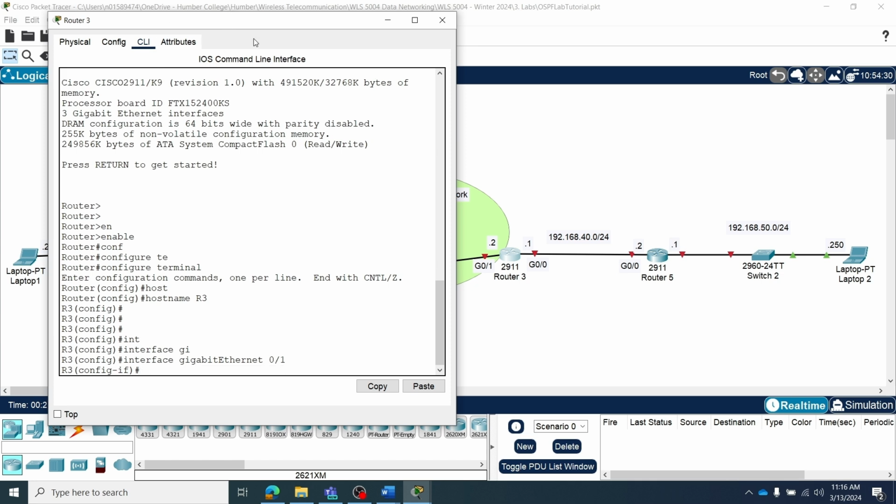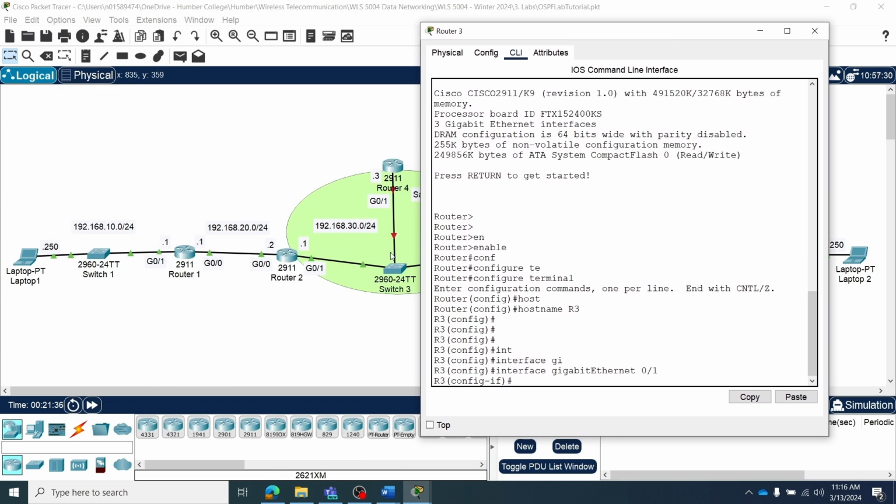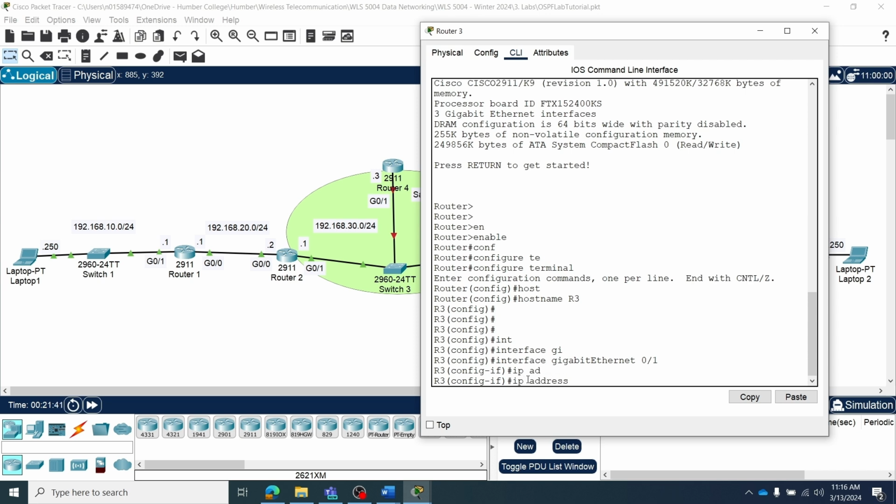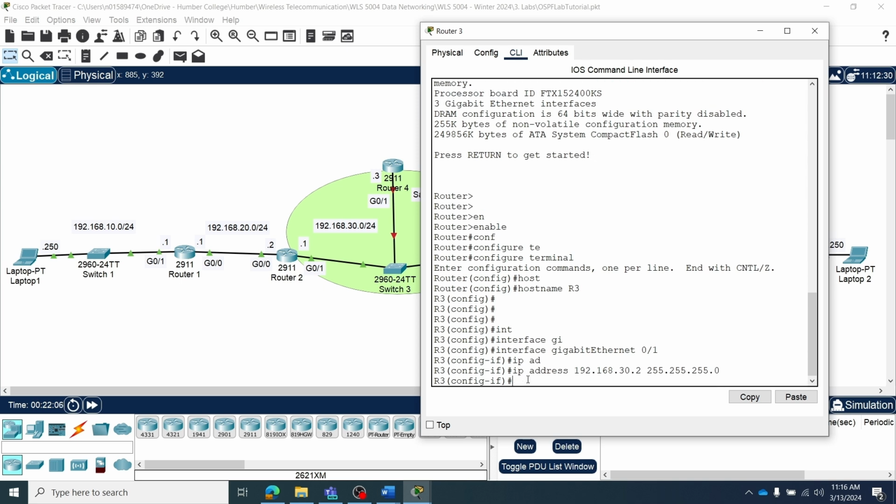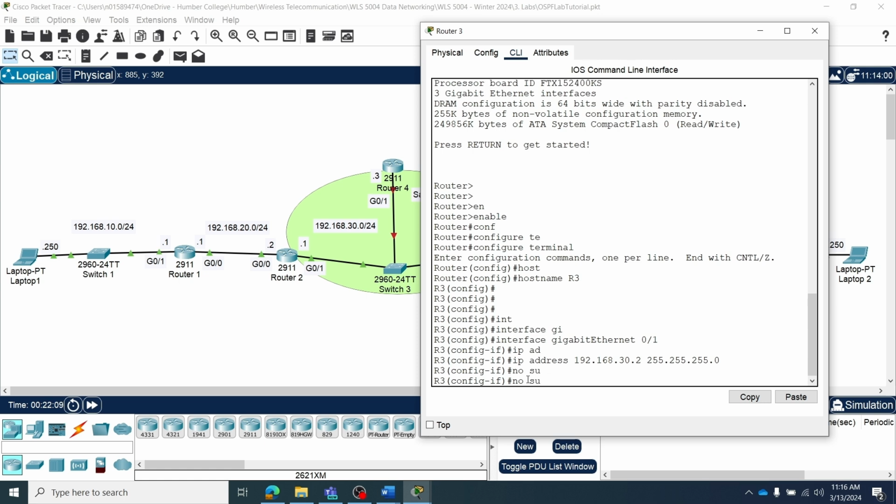then the IP address is .2 and the network is 192.168.30. So IP address 192.168.30.2, 255.255.255.0, which is the subnet mask. Then no shutdown.